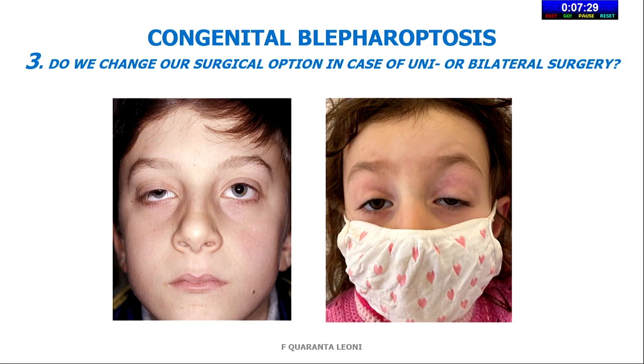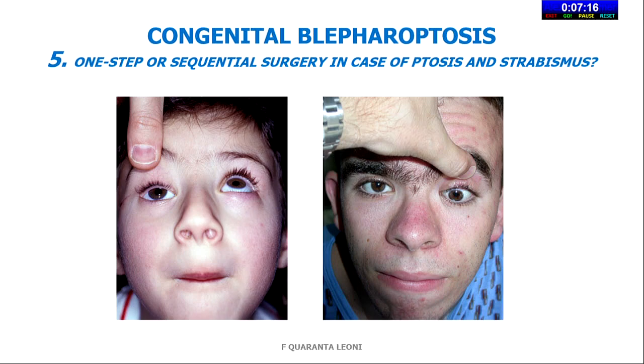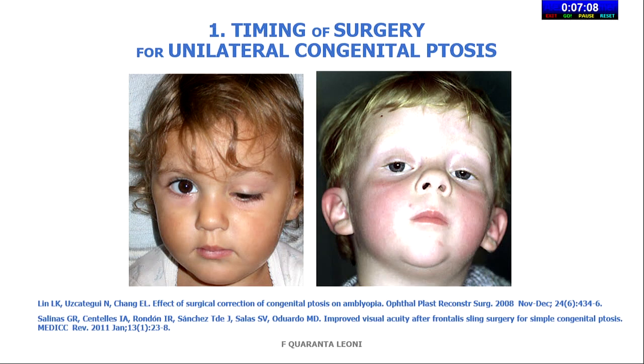Third, do we change our surgical option if we are in front of unilateral or bilateral ptosis? Fourth, which is the best choice in Marcus Gunn jaw-winking ptosis? And finally, is it better to do a one-step or a multi-step surgery when we have ptosis and squint at the same time?